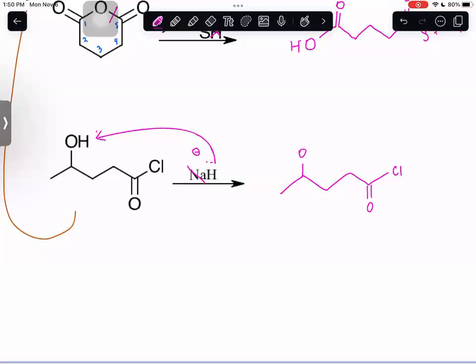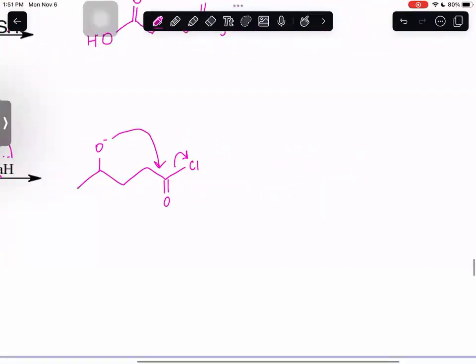So far, so good. It's gonna have a negative charge. There you go. And now nucleophilic attack. Beautiful. There you go. That's how you form a cycle.